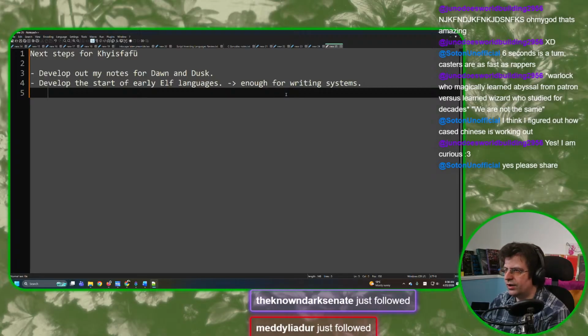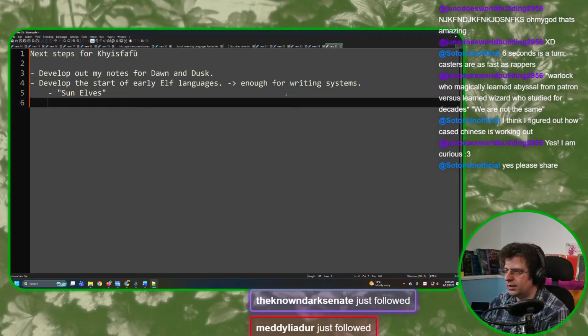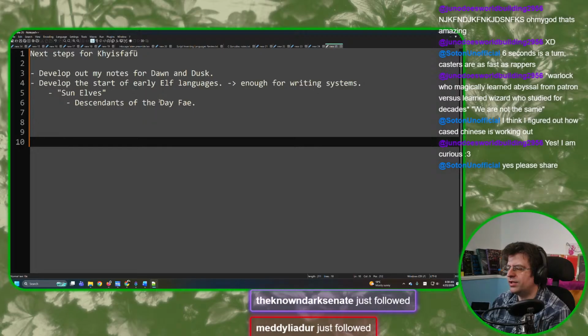So the first elves to develop writing will be the sun elves. These are the descendants of the day fae. There are elves descended from all four of the fae dialects.